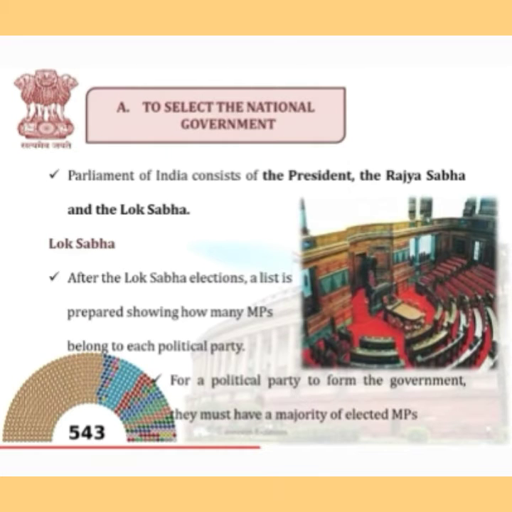The important function of a parliament is to select the national government. The Parliament of India consists of the President, the Rajya Sabha and the Lok Sabha. After the Lok Sabha elections, a list is prepared showing how many MPs belong to each political party.